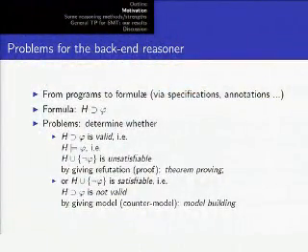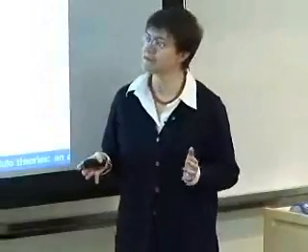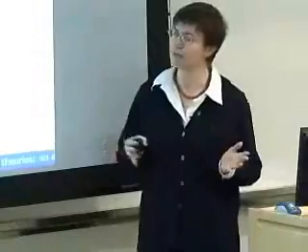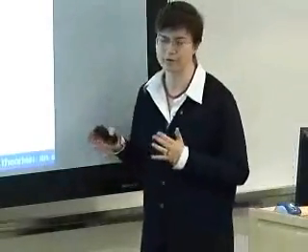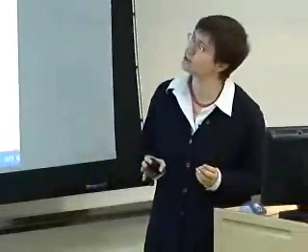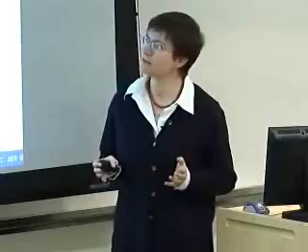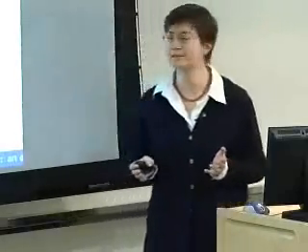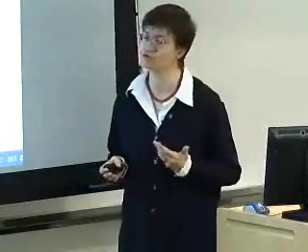So let's see this a little bit more formally. We shall assume, as I said, to have some way to go from programs to formulae. So we are not concerned with that in this talk because we focus on the reasoning engine. So let us assume that is approached somewhere else. And so what we are concerned with is a reasoning engine that starts with a formula. A formula may typically have the form H implies phi, where H represents a bunch of assumptions and phi represents some conjecture.